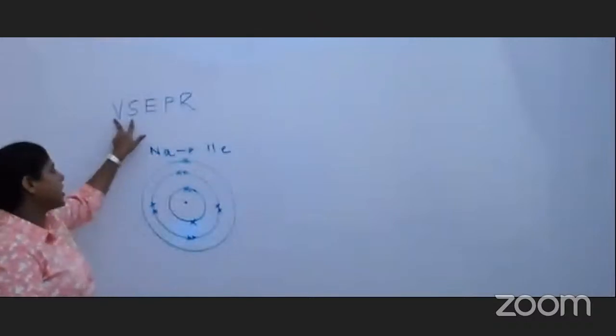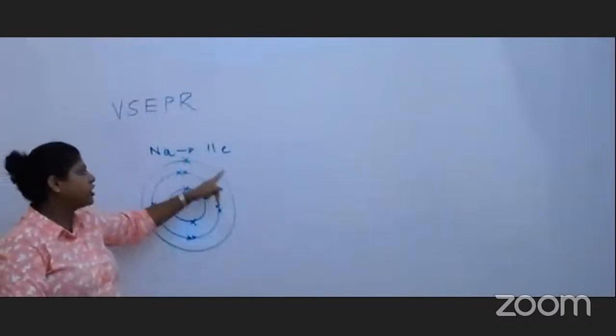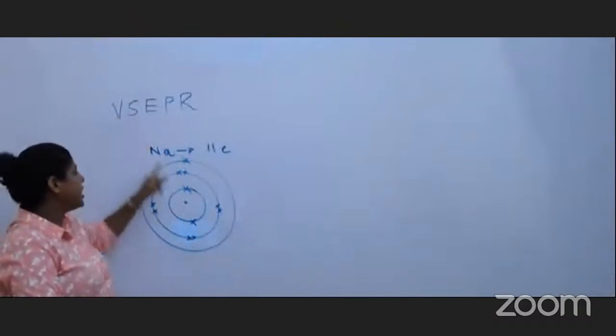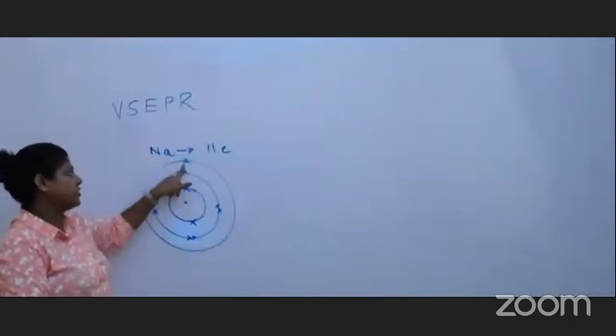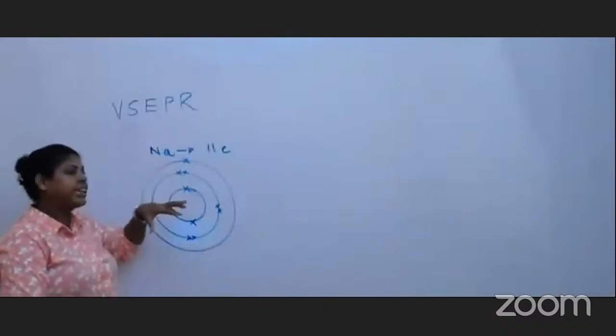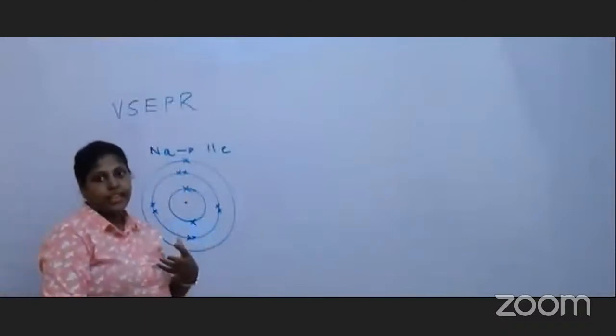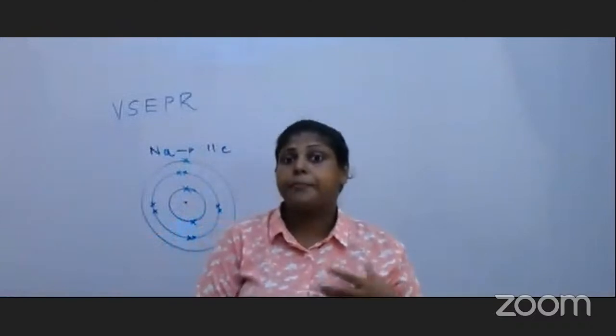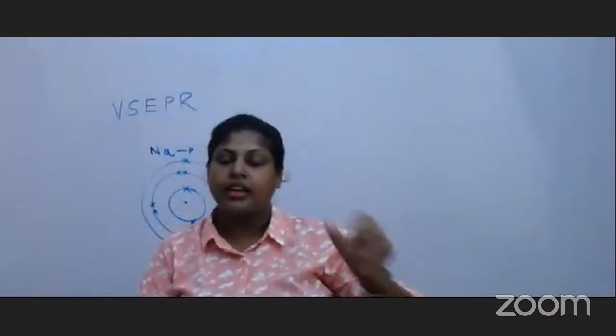So the valence shell is the outermost energy level. When we take an atom, it has only electrons, meaning single electrons, and paired electrons with the other atom.